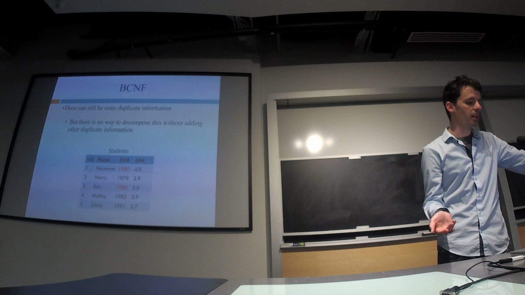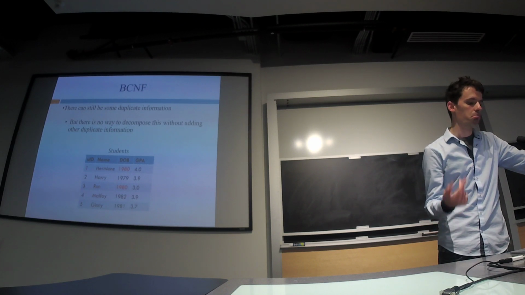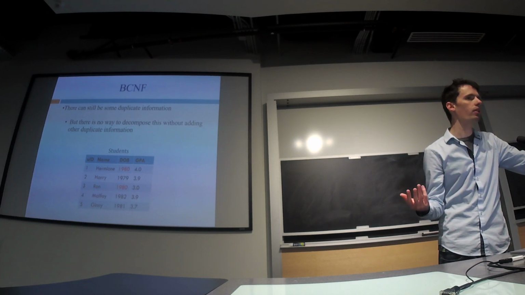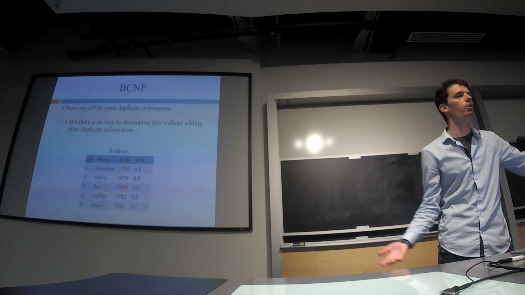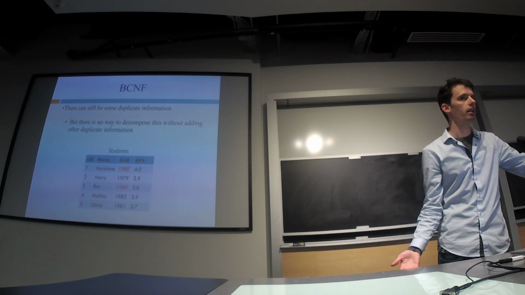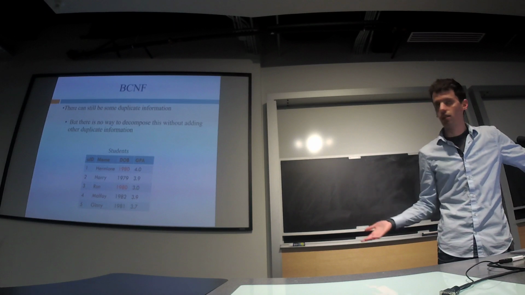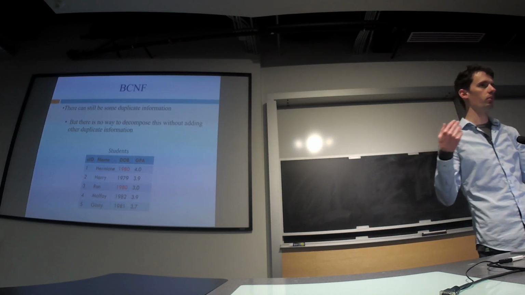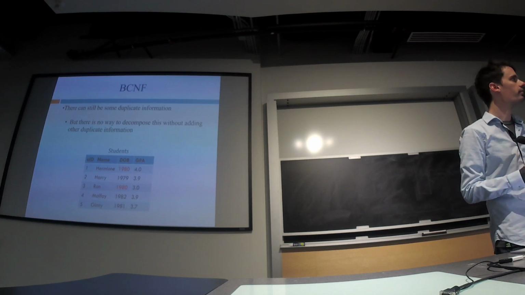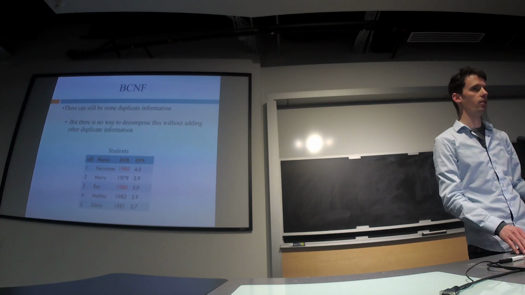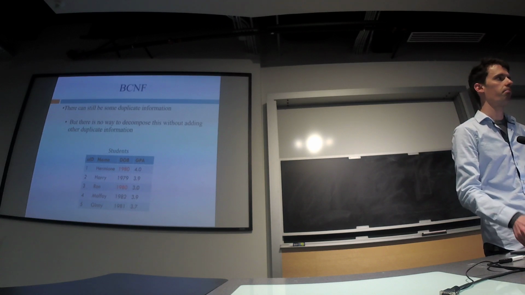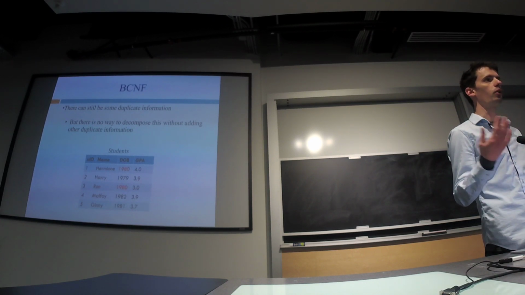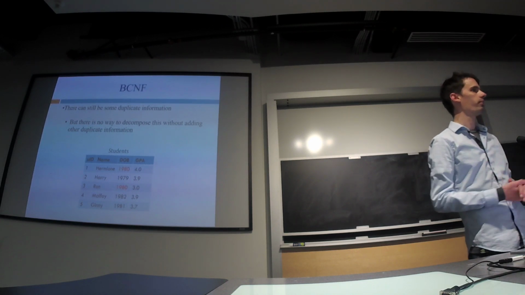If I tried to make some table that maps UID to date of birth or something, then I'm duplicating UIDs unnecessarily. So yes, this is duplicate information, but this is not something that can be solved with decomposition. And that's just the nature of two people can have the same birth date, or two people can have the same name.